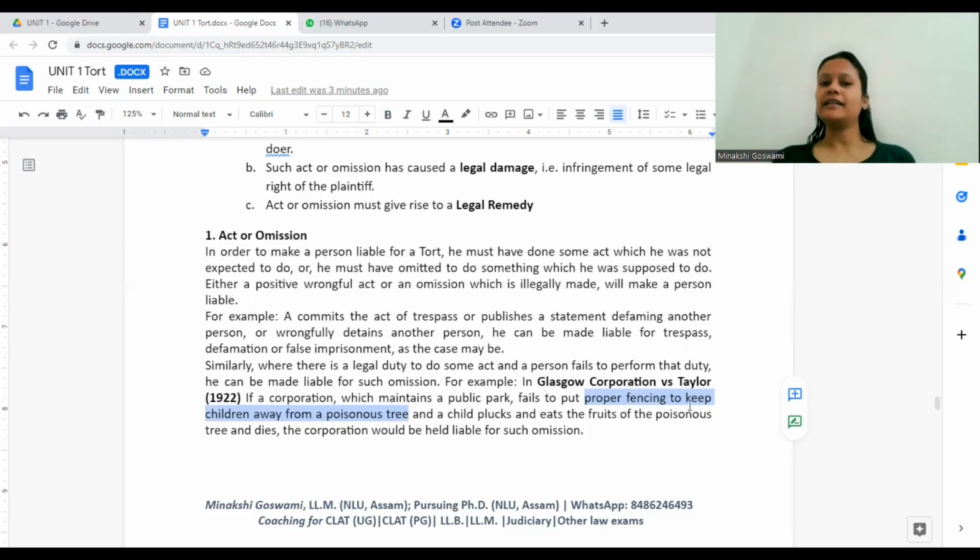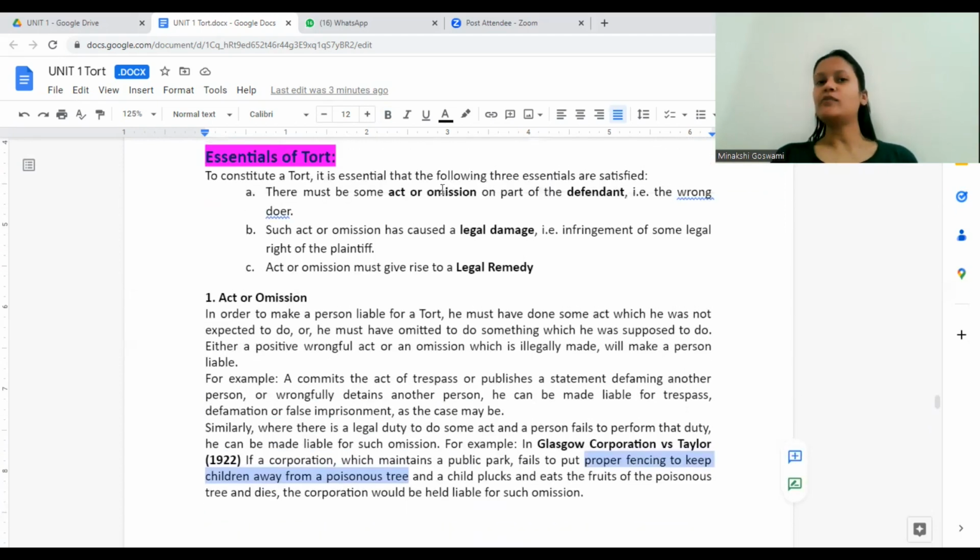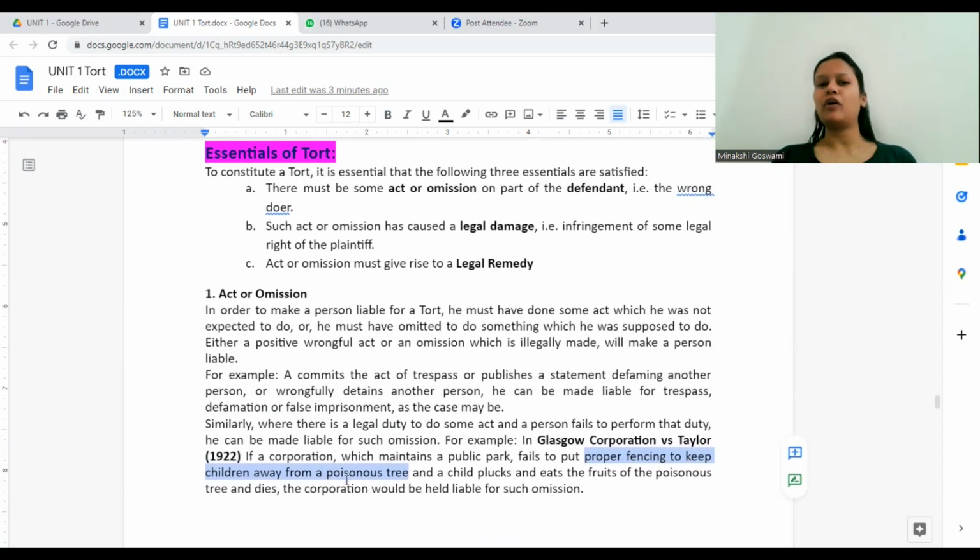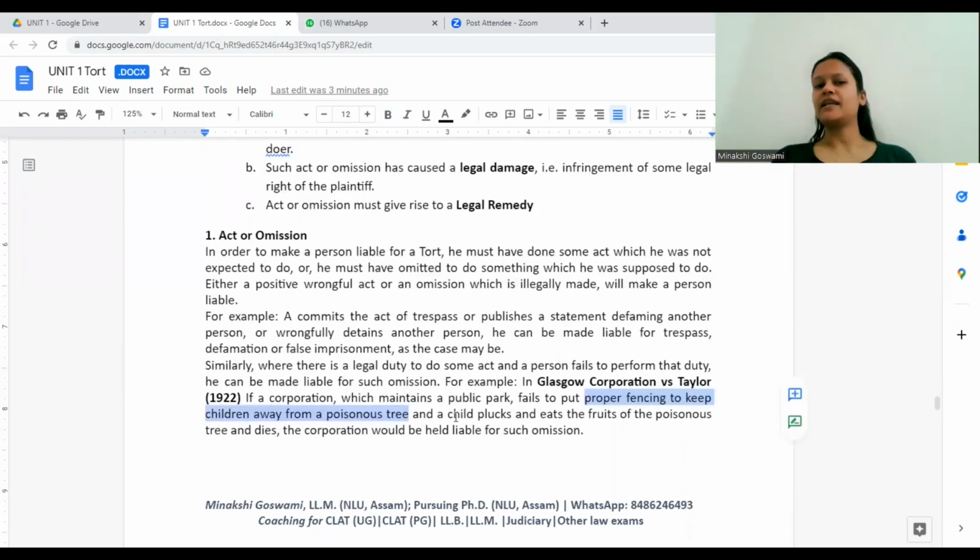So regarding this, they should have given proper fencing, which they failed, as in it was omission on the part of the corporation. And as a result, what happens? A child plucks and eats the fruits of that poisonous tree and then he dies. So in this case, the corporation was held liable because maintaining a park, they had an obligation to ensure safety of the public.